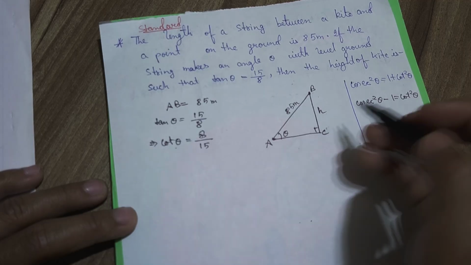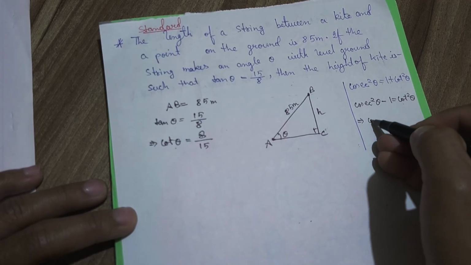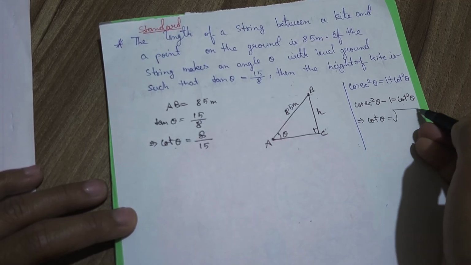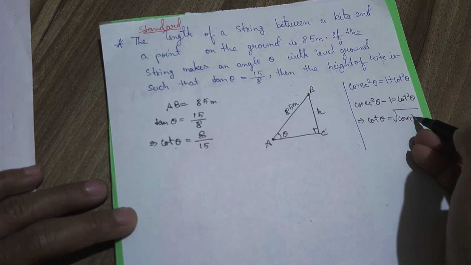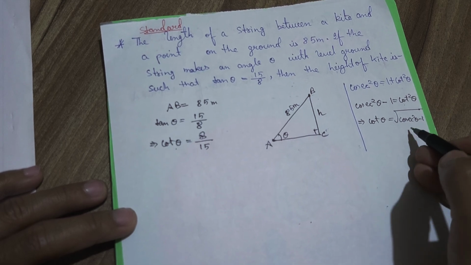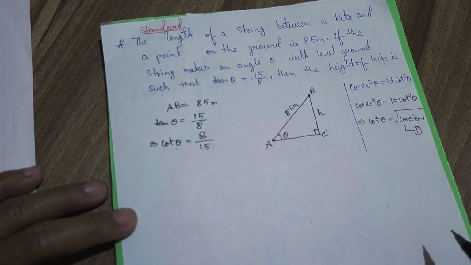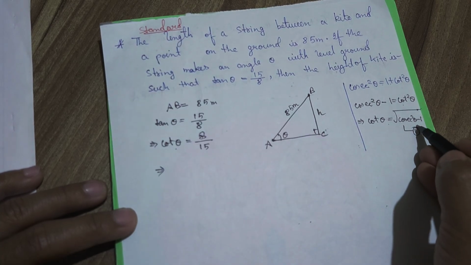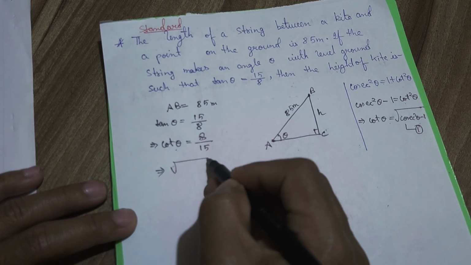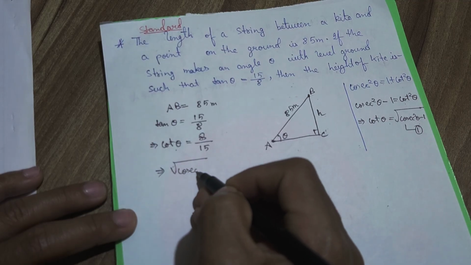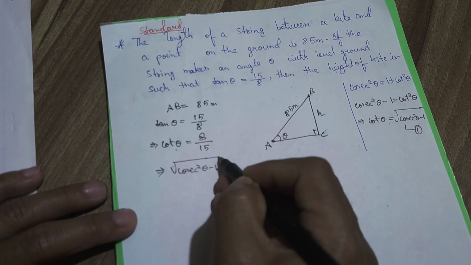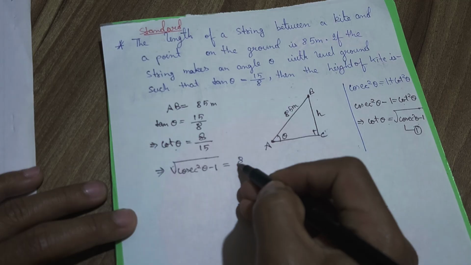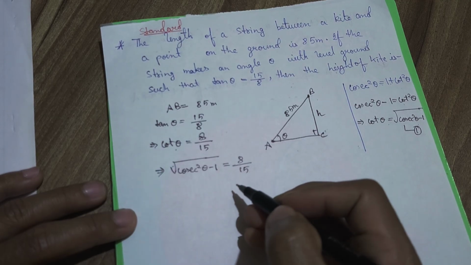We need the value of cot theta, so cot theta is equal to root over cosec square theta minus 1. We are going to use this equation. Now in place of cot theta, we'll put this value, so root over cosec square theta minus 1 is equal to 8 by 15.